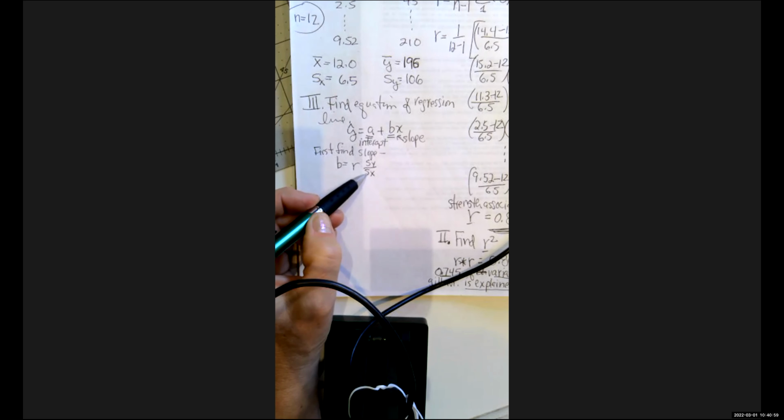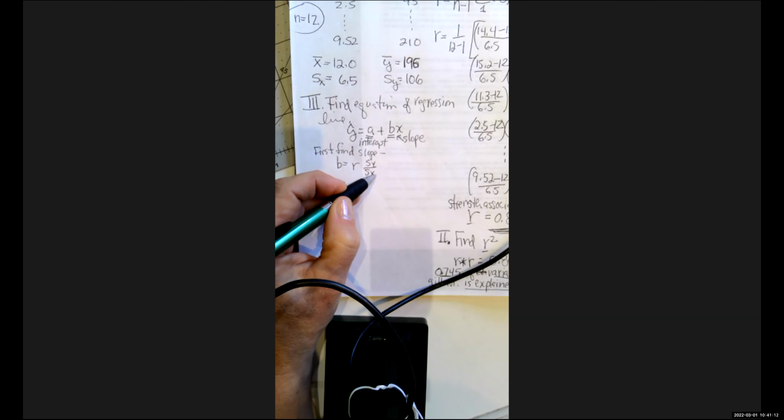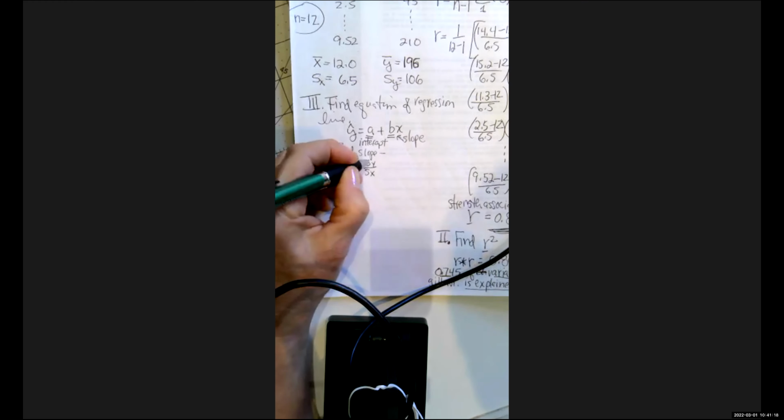We do that by multiplying by the standard deviation of y divided by the standard deviation of x, because if we multiply an x times this, the units of x are crossed out. The mathematical word for that is, they disappear magically, and we're left with a value that's in the units of y. Very, very easy to calculate. You just have to know this equation exists.